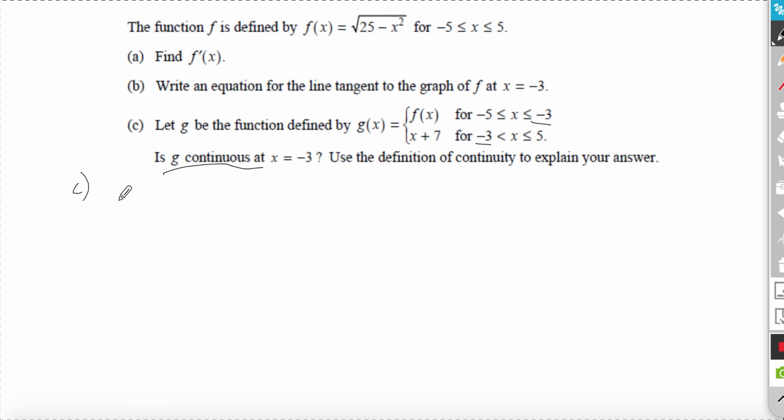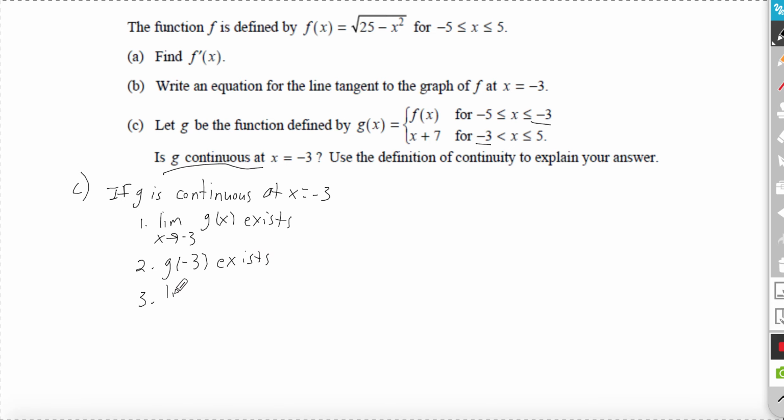G is going to be continuous, okay? Well, if G is continuous, what does it mean? If G is continuous at x equals -3, then 1, the limit as x approaches -3 of G of x exists. 2, G of -3 exists.